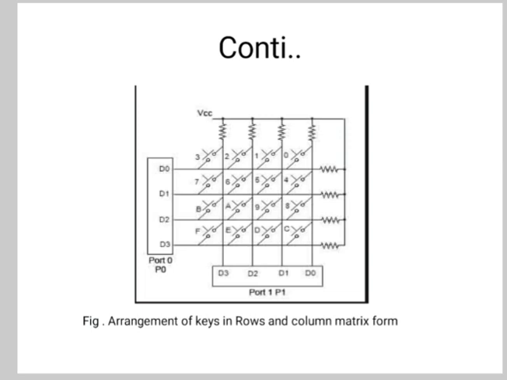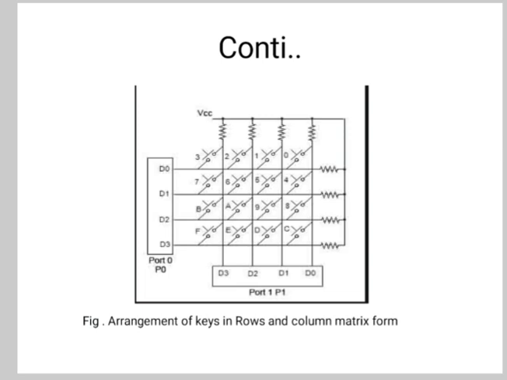Now, if we observe this figure, then we can see a bunch of switches arranged in a 4x4 matrix. Pressing a switch on the keypad creates a short circuit which is detected by the controller.